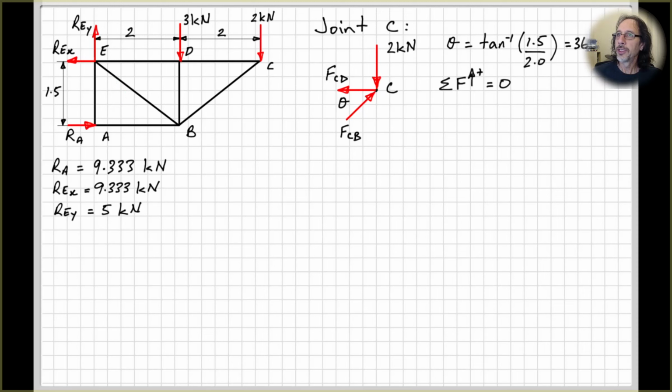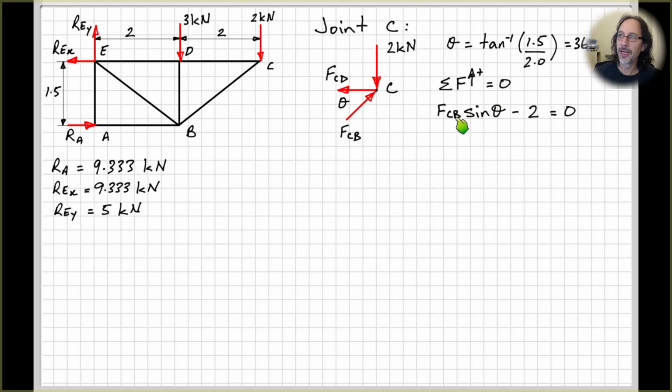All right, so sum of the forces in the vertical direction equals 0, just applying our equations of equilibrium. We have the vertical component of FCB. So this is our angle in here, theta. The opposite side gives us our vertical component, so FCB sine theta minus 2 equals 0.